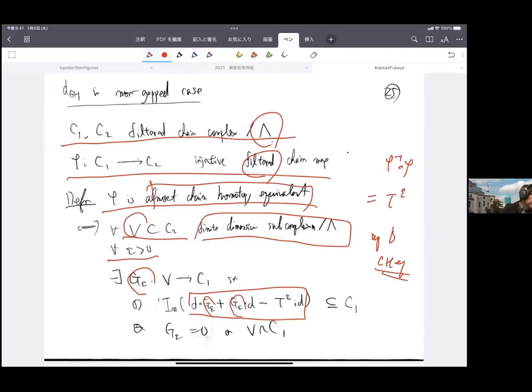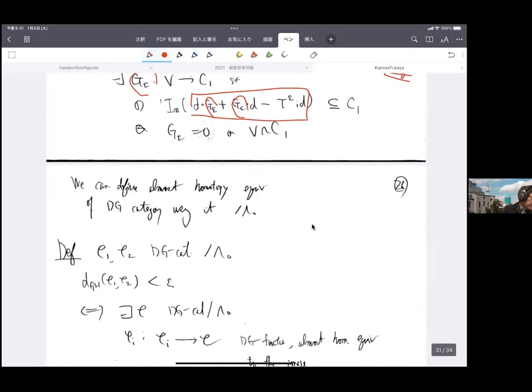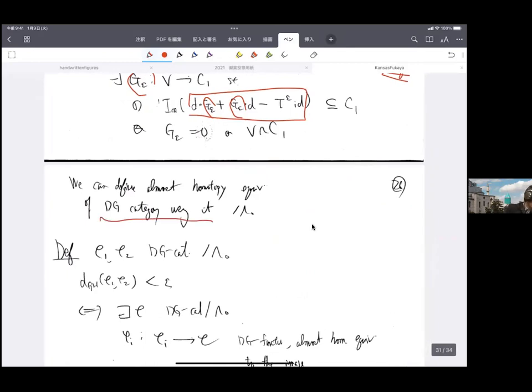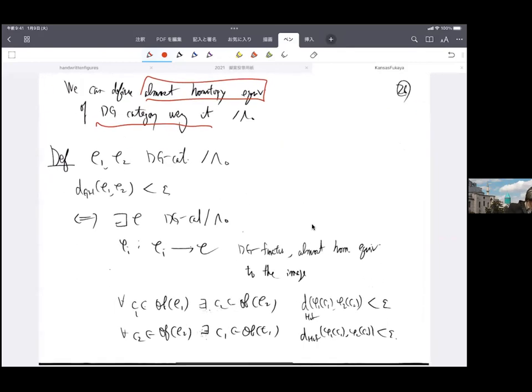Using these notions, for DG categories over lambda_0 there is a notion of almost homotopy equivalence of DG categories. The Gromov-Hausdorff distance, without assuming the gap condition, is the following. Suppose you have two DG categories.